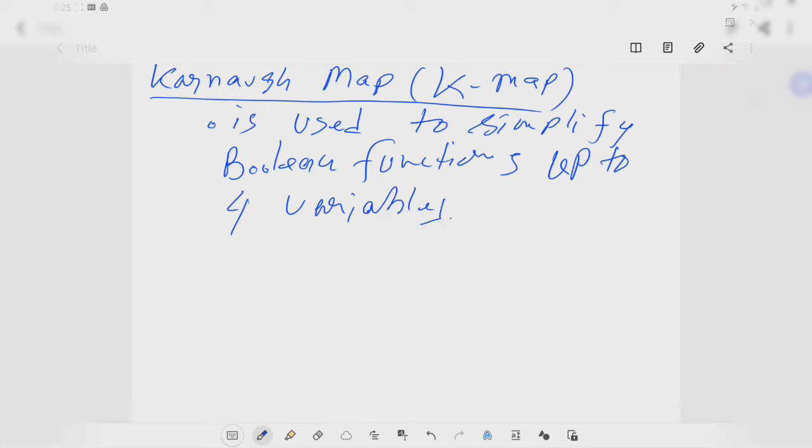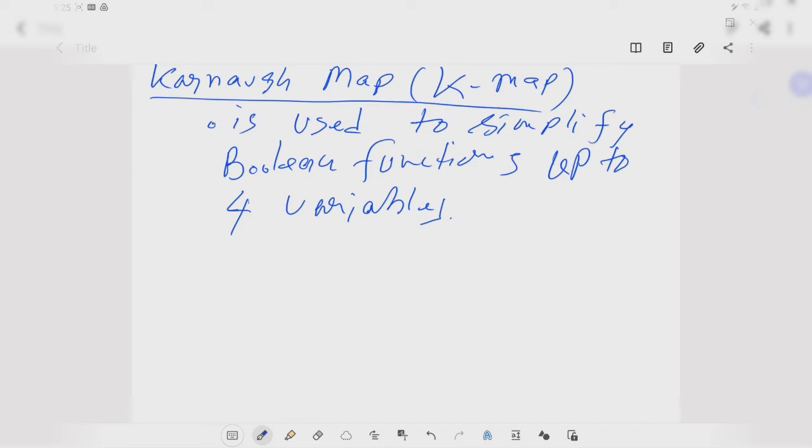We can also do it for more than 4 variables, but it gets more complex. If we have an equation of 2, 3, or 4 variables, it's better to use the K-map for simplification, because the K-map is easier and produces fewer errors than using the Boolean identities.